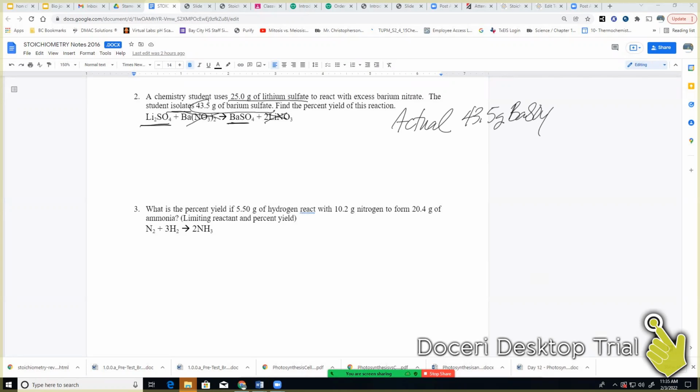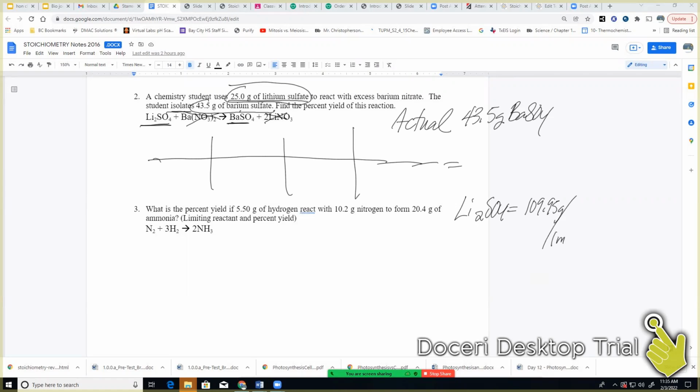Find the percent yield. So I have my actual, so I need to calculate my theoretical. And I'm going from grams of lithium sulfate to grams of barium sulfate so I can compare them. So it's going to be a 4-step problem. All right, I'm going to let y'all work through it. I'm going to give you the 2 molar masses you need. So that saves a little bit. 9.95 grams per 1 mole.